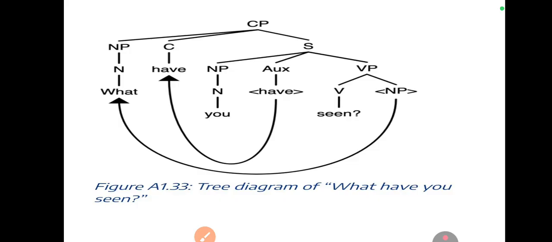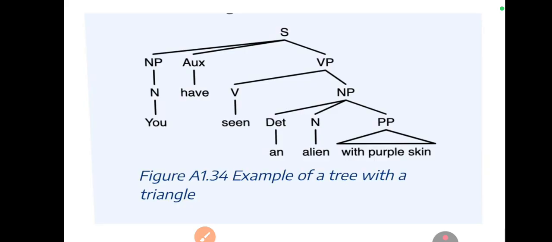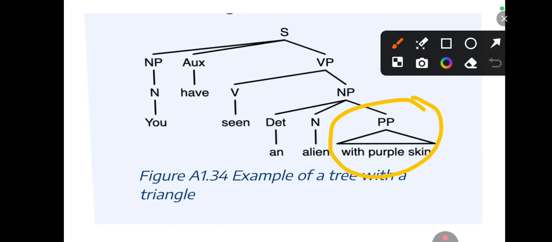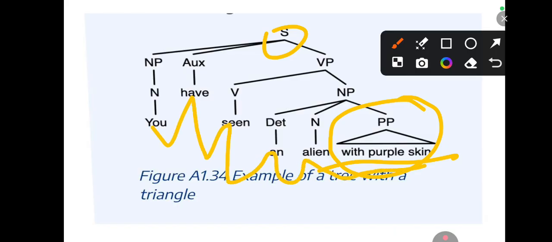And again, before proceeding, I tell you one more sentence that is also for extra knowledge. Sometimes you notice somewhere this triangle in the analysis. The rest of the things are okay, for example, you have seen an alien with the purple skin, right? That will be analyzed like we did earlier.